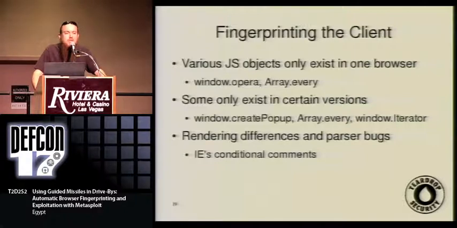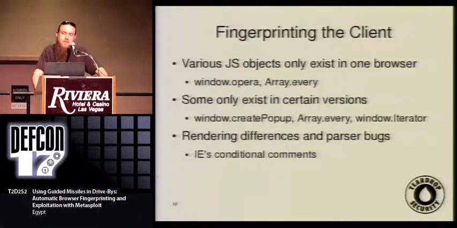And some of these things only exist in certain versions. These are new features that have been added: 1.0 only had these objects, and now 1.5 has these objects as well. An example of this is window.createPopup, which only exists in IE 5.5 and newer. Array.every only exists in Firefox, I believe 1.5 and newer.